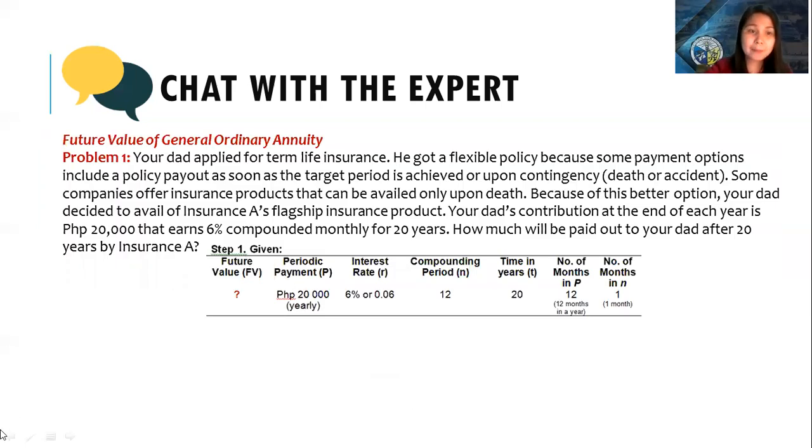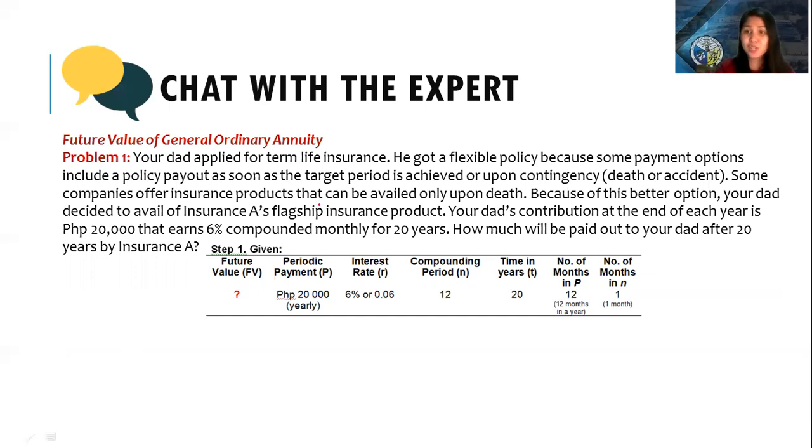Your dad applied for term life insurance. He got a flexible policy because some payment options include policy payout as soon as a target period is achieved or upon contingency. That's death or accident. Some companies offer insurance products that can be availed only upon death.